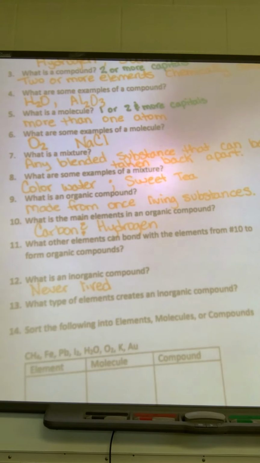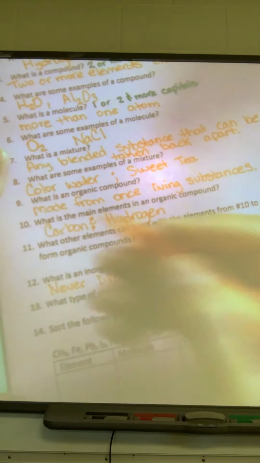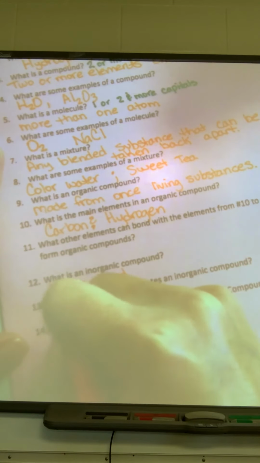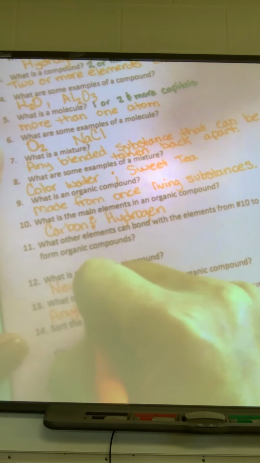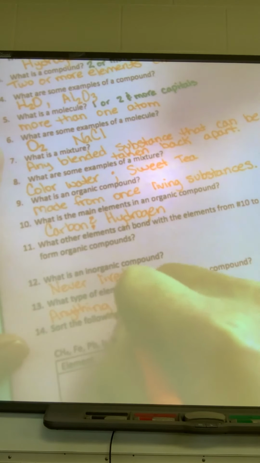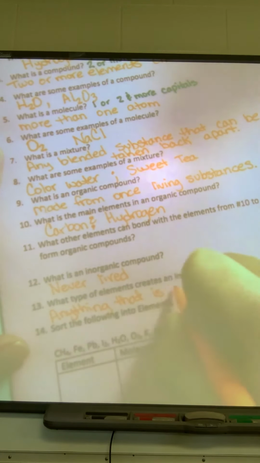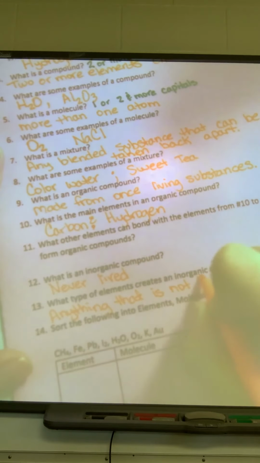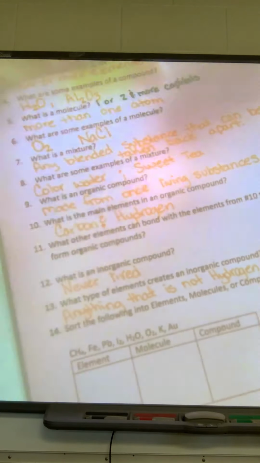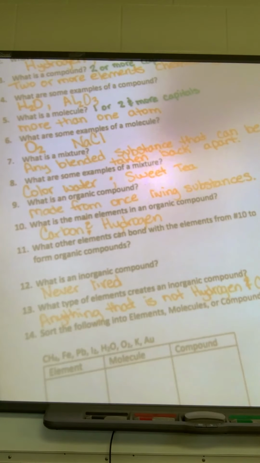Basically anything that is not hydrogen and carbon. If it doesn't have that, then it's going to be considered an inorganic compound.